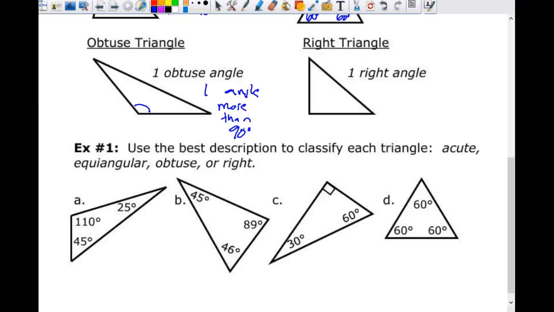And then finally, a right triangle has one angle that is exactly 90 degrees. It's typically marked by that symbol right there. If you ever see that symbol in a triangle, it's going to be a right triangle. Some people see it as a box.